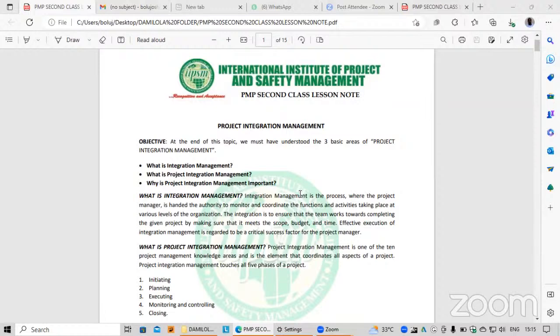Amongst the 10 knowledge areas, these 4 have great influence above others in determining the success of a project, namely the cost, the timing, and the scope of that project, all working together to achieve quality. The reason why we are embarking on any project is because at the end of the day, we want to ensure that we have quality. And so these are the 4 project constraints that we have.